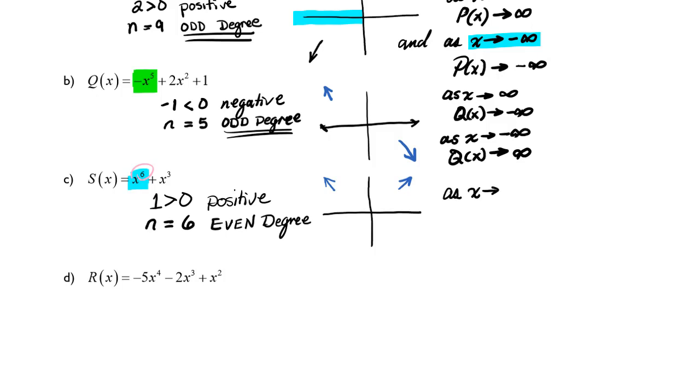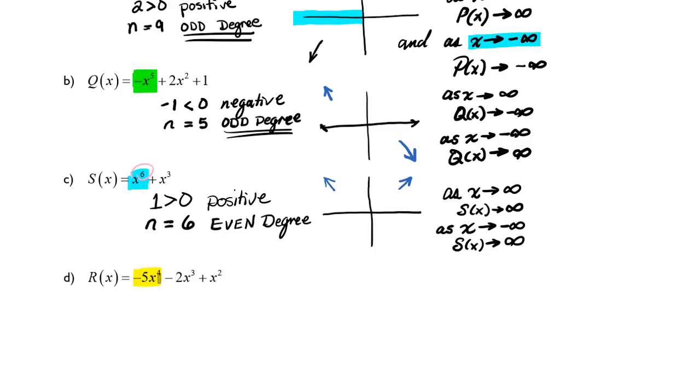As x approaches positive infinity, s of x approaches positive infinity. And as x approaches negative infinity, the function s of x approaches positive infinity.